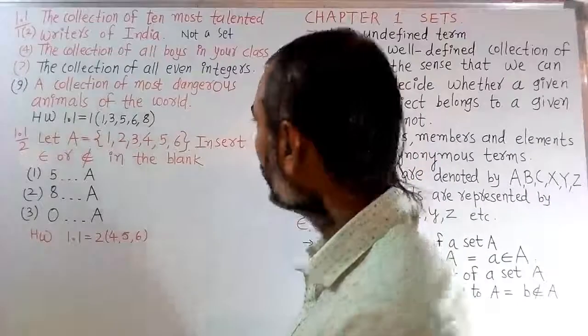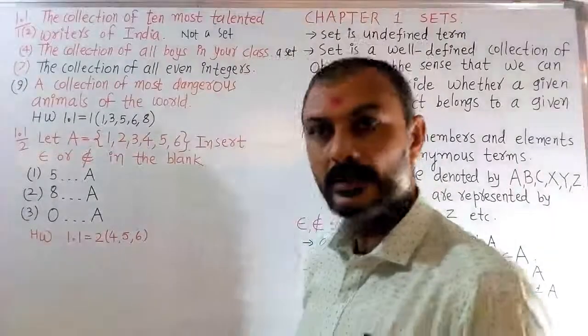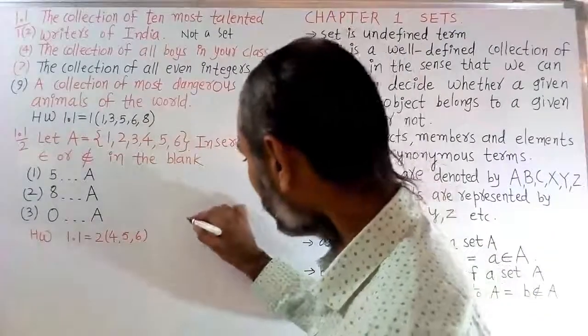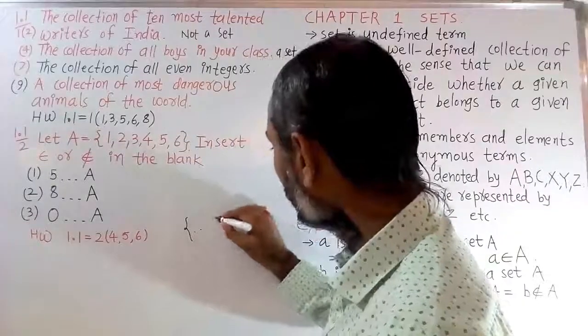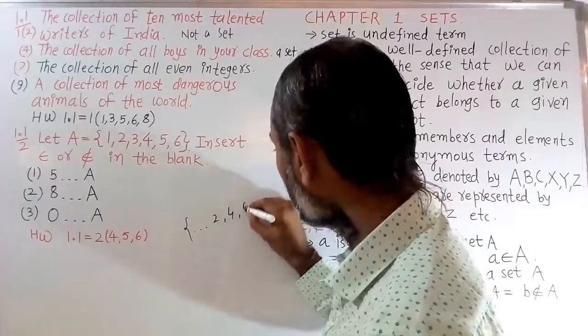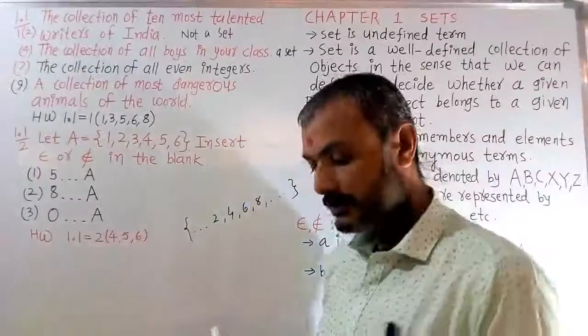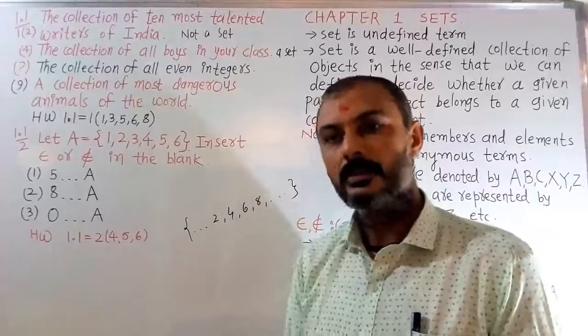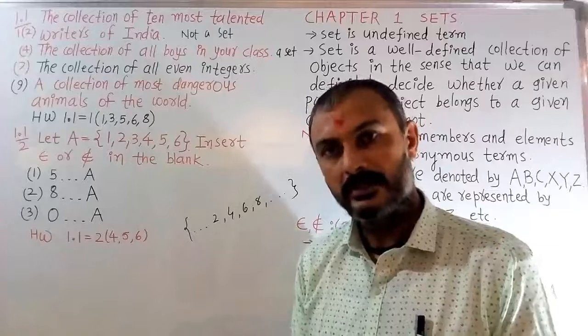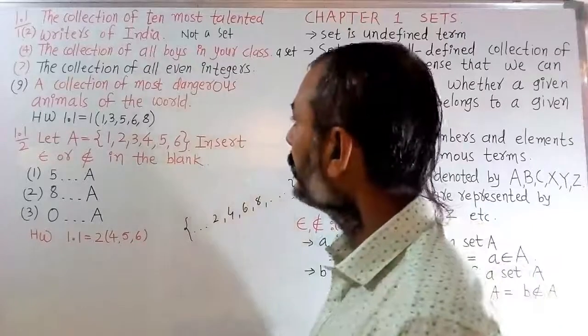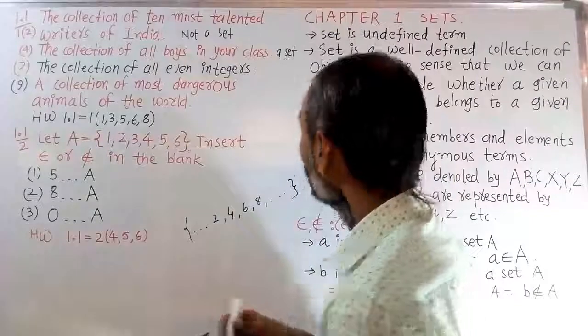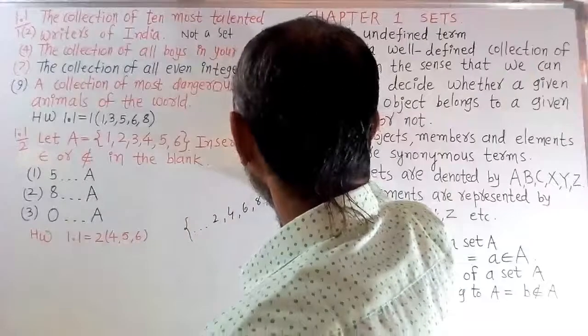So we can write all even integers in a collection like this: 2, 4, 6, 8, and so on. There are many even integers. So this is a set.